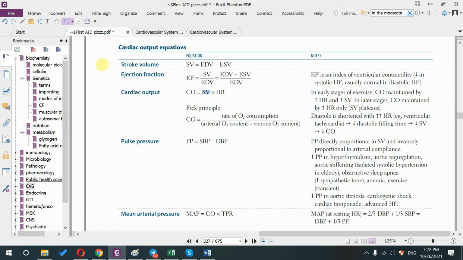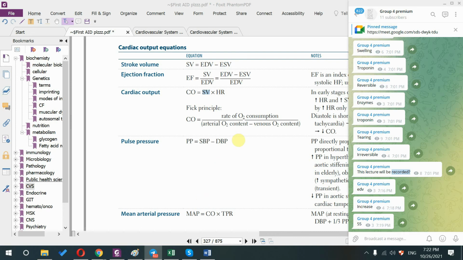I will give you how they give the trick. If they tell you that the patient pulmonary artery O2 content was 20, and the patient pulmonary vein content was 30.